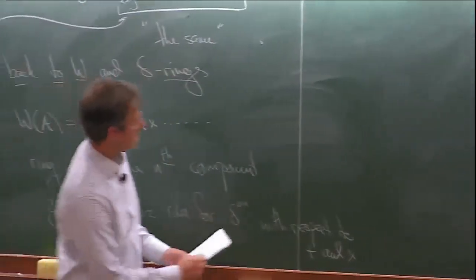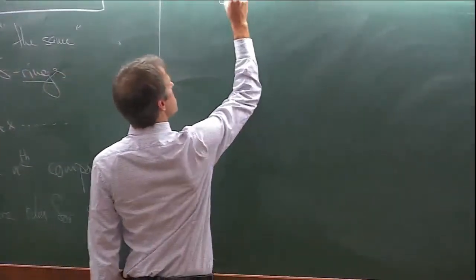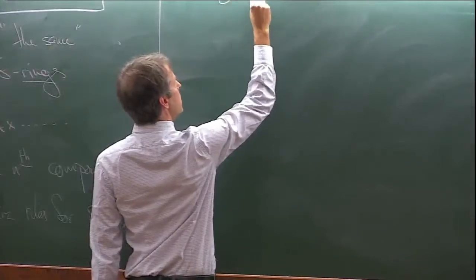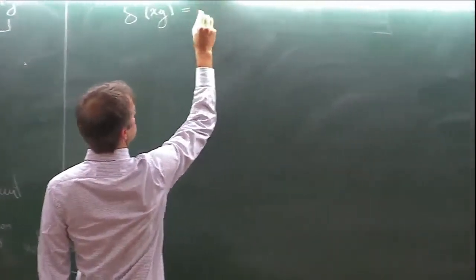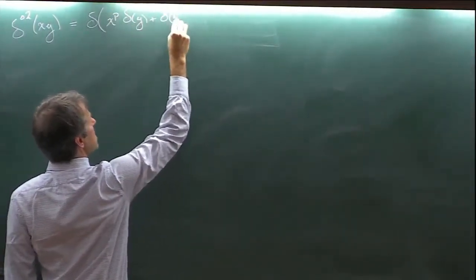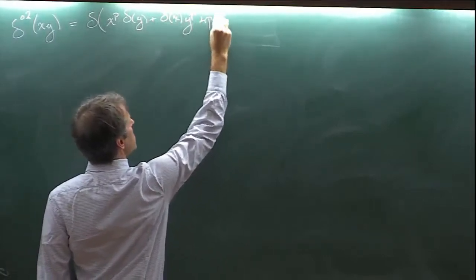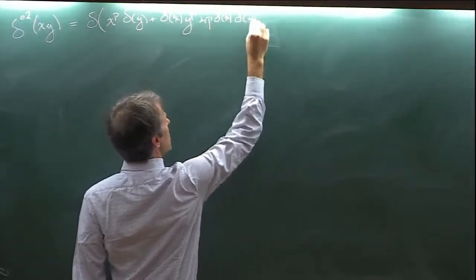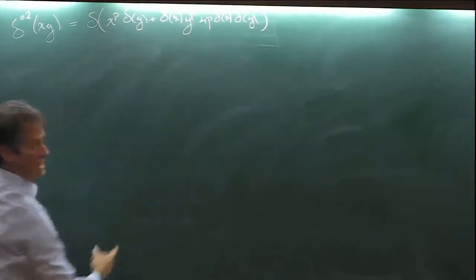So maybe I should have said: take the second arithmetic derivative of x times y. How do you expand this? You just expand, do it once, so this is x to the p times delta of y plus delta of x times y to the p plus p delta of x times delta of y. And then you have to expand this thing.